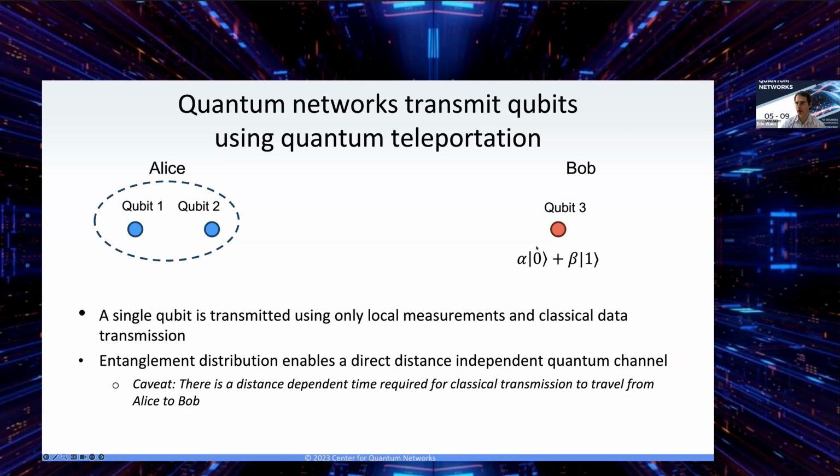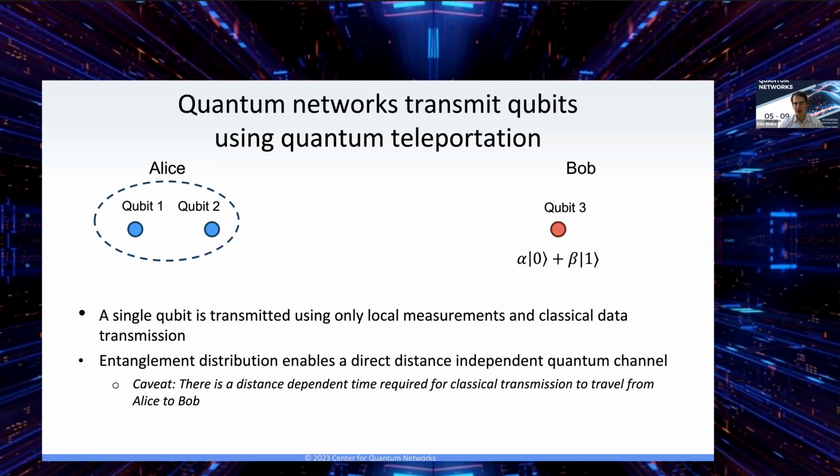It just tells Bob whether he should transform his bit or not. And so what teleportation allows us to do is to transmit a qubit from Alice to Bob using only classical data and shared entanglement. Once that's done, it's as if Alice and Bob's labs are automatically directly connected by a quantum channel mediated through this teleportation.